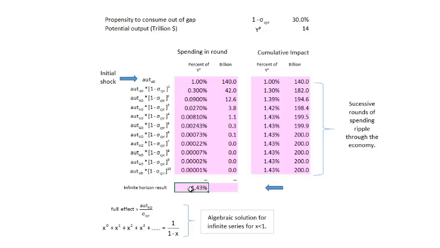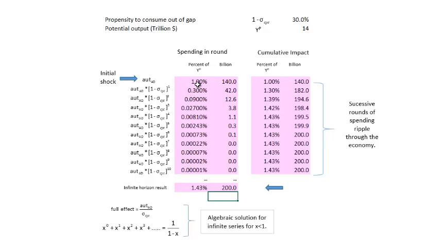It's the same number here and here. It's 1.43%, and then we can take this number here once again to get our billions of dollars by multiplying this times 1,000.